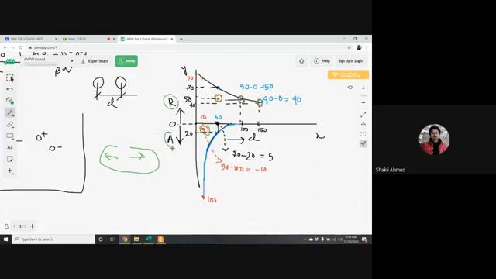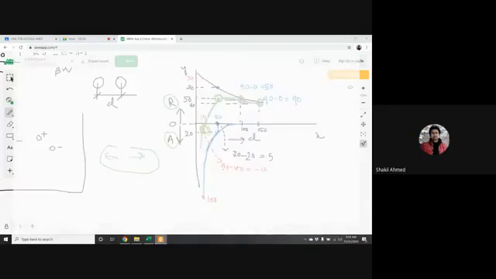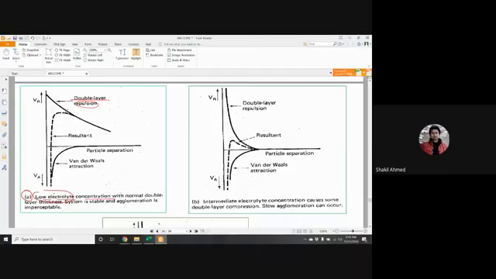So if you connect this, you'll get a curve like this. This is the resultant. Clear?